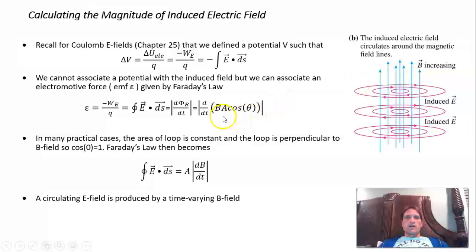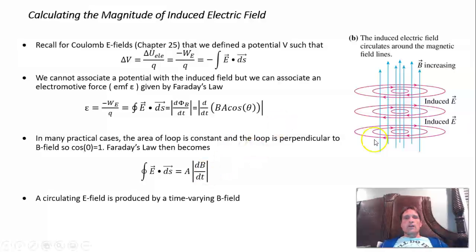And if the area of the loop is constant, then Faraday's law says that the integral of E dotted with ds around the loop is equal to A times dB/dt.